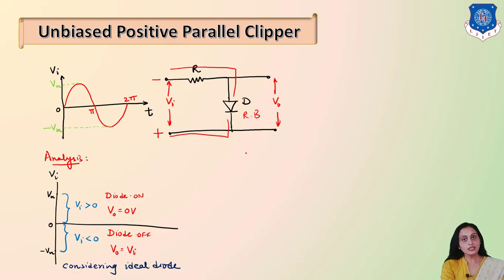We consider the ideal diode and it is reverse biased, so it will act as an open switch, and when this switch is open, you will find that the output is directly connected through these two paths to the input, and that is why we can say that during this negative half cycle, output voltage is equal to the input voltage. So output will follow the input.